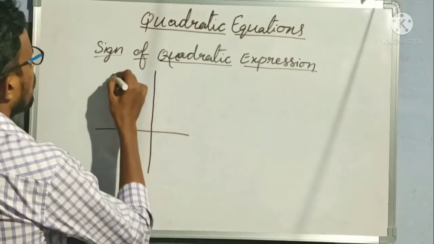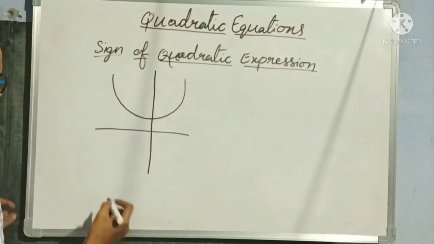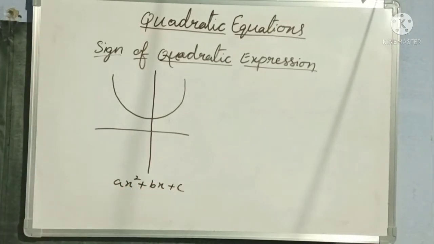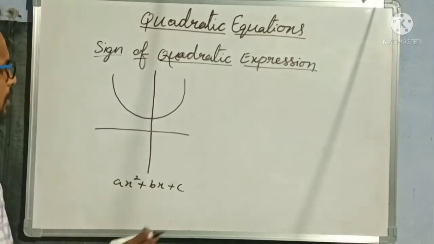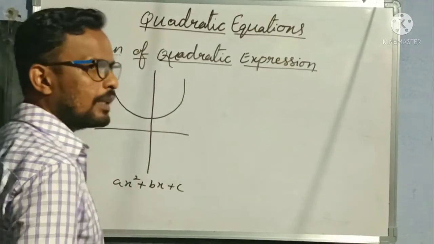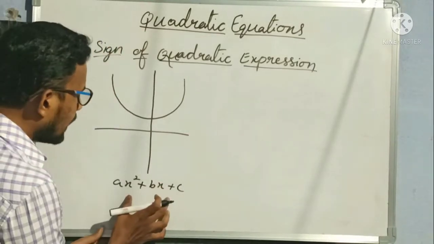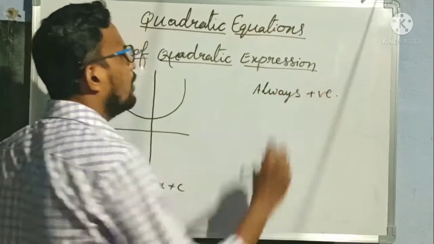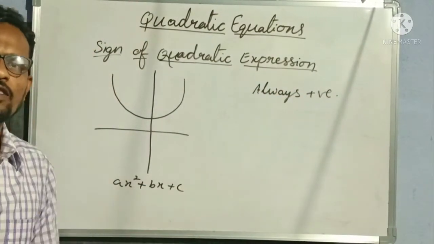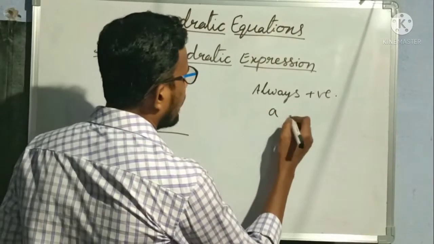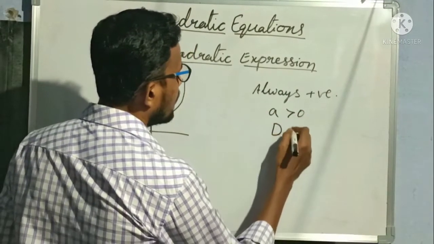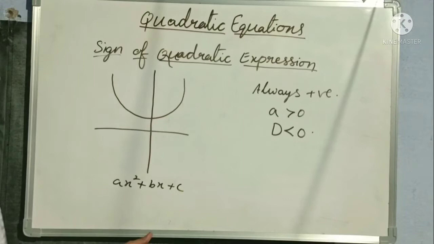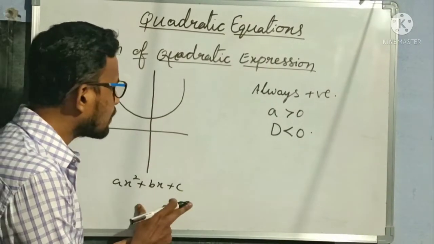If this is our quadratic expression, ax square plus bx plus c, sorry, not equation, quadratic expression, then this expression will always be positive when it satisfies two conditions: a is greater than 0 and the discriminant value should be less than 0. Understood? Then only our quadratic expression ax square plus bx plus c will be always positive.